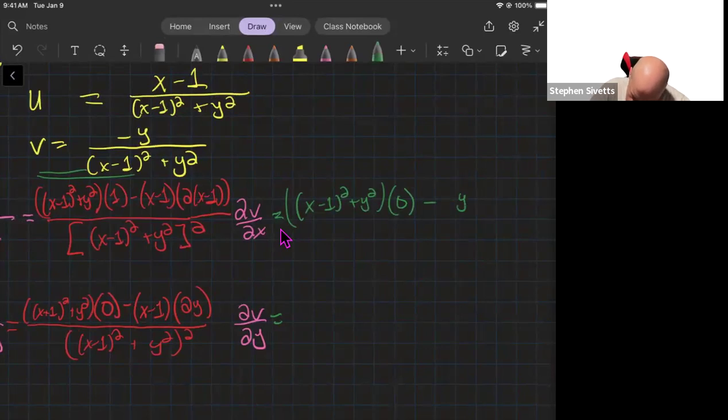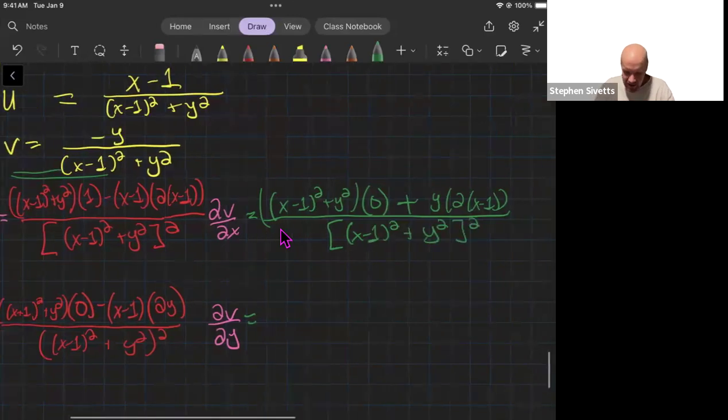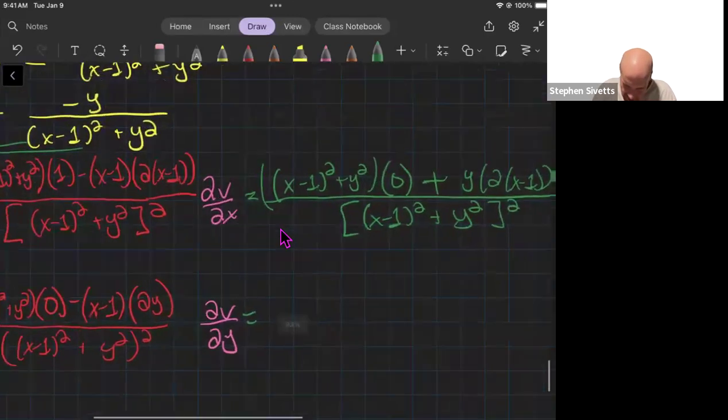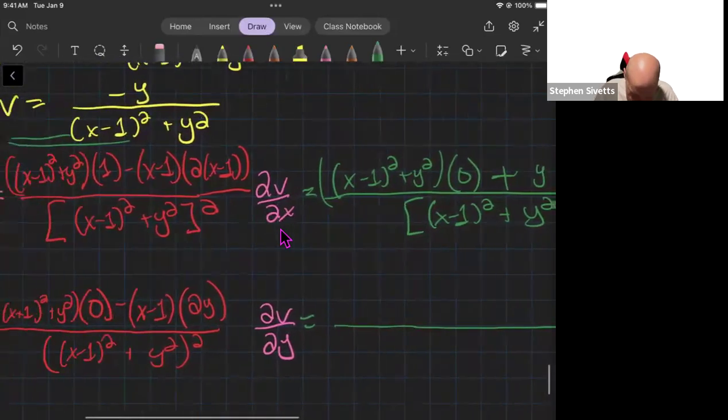Plus y times the derivative of the low function, which is 2 times x minus 1, divided by the denominator quantity squared, which is x minus 1 squared plus y squared, squared. Saying square a lot.